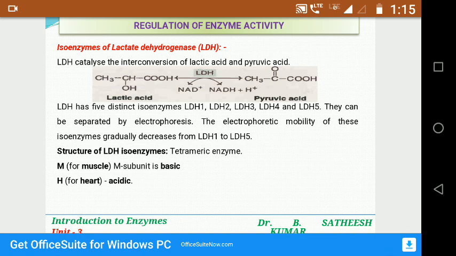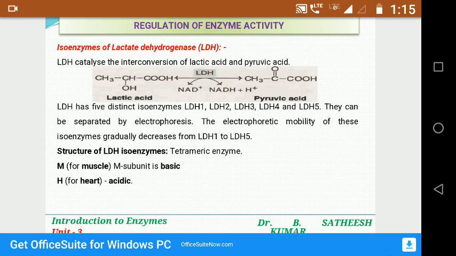When we look at the structure of LDH, the LDH is a tetrameric enzyme. The LDH will have four similar or dissimilar subunits, but those four subunits are of two different types.